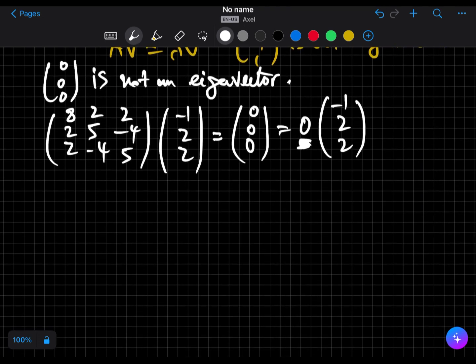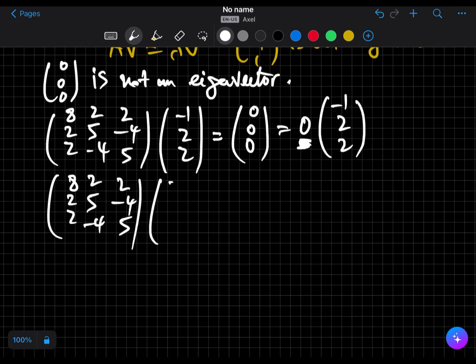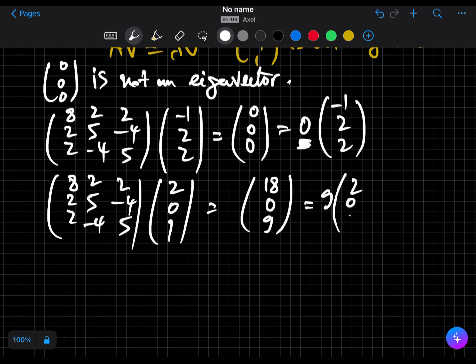And then we do the same for the last vector, (2, 0, 1). This will give you (18, 0, 9). Then put 9 in factor, 9 times (2, 0, 1). So this obviously satisfies AV equals 9V.